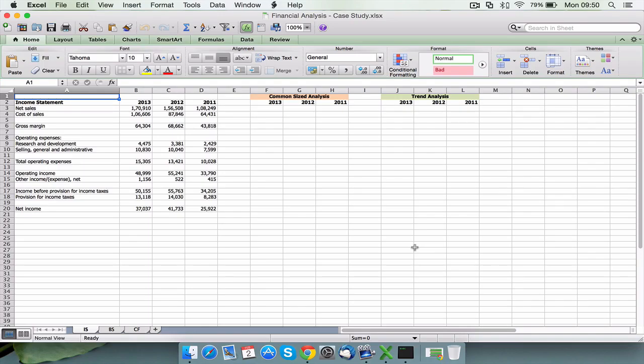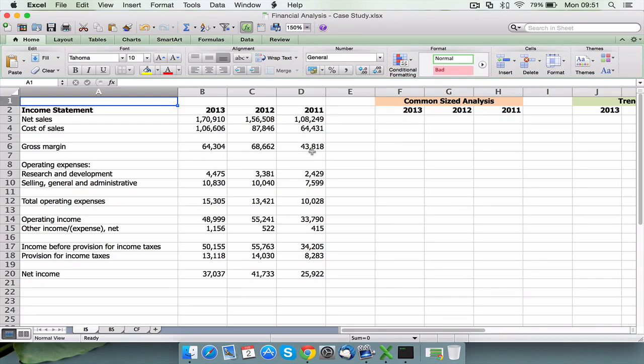So let's get started. The first tool for analysis of any financial statement is called the common sized analysis. Before we go into the common sized analysis, let us quickly go through the income statement that we have with us. On the income statement, we have data for 3 years.